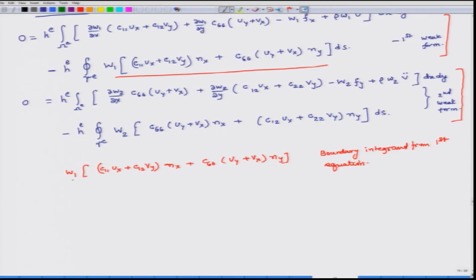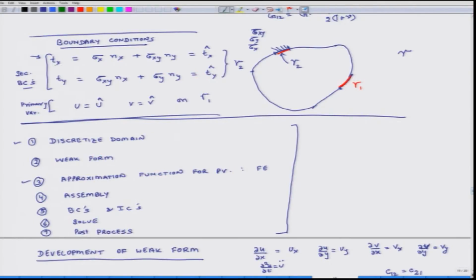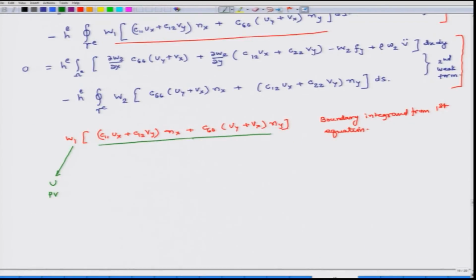Which means that W1 is the variation in the first primary variable, which is u. So, u is a primary variable, and what is this entire term? We have defined it earlier. This is traction Tx, and this is a secondary variable.